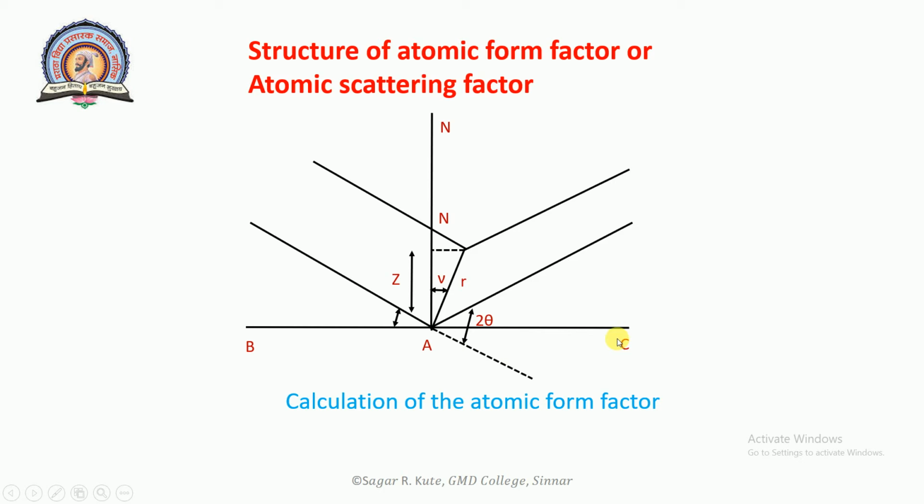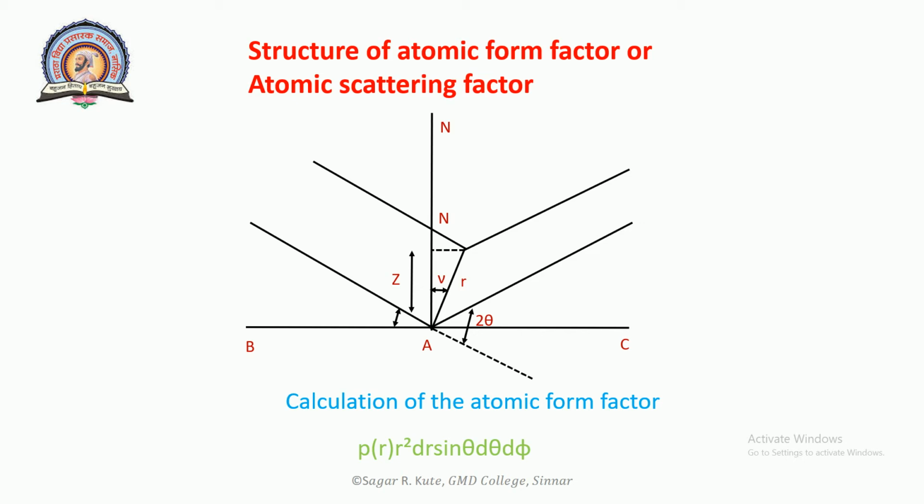If the electronic charge distribution of the atom is assumed to have spherical symmetry, the function rho(r) may be introduced, representing the density of electrons at a distance r from the nucleus A. Thus the number of electrons in the volume element is equal to rho(r) r squared dr sin theta d theta d phi.